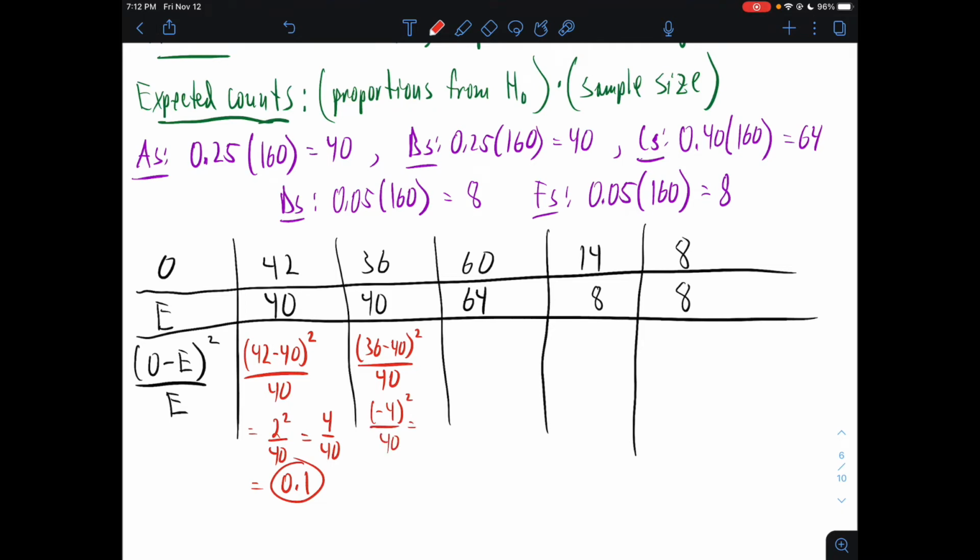So this gives you 16 divided by 40, and 16 divided by 40 is 0.4. And then the next column over, 60 minus 64 quantity squared divided by 64. That gives me negative 4 quantity squared divided by 64, which is 16 divided by 64, and 16 divided by 64 is going to give you 0.25.